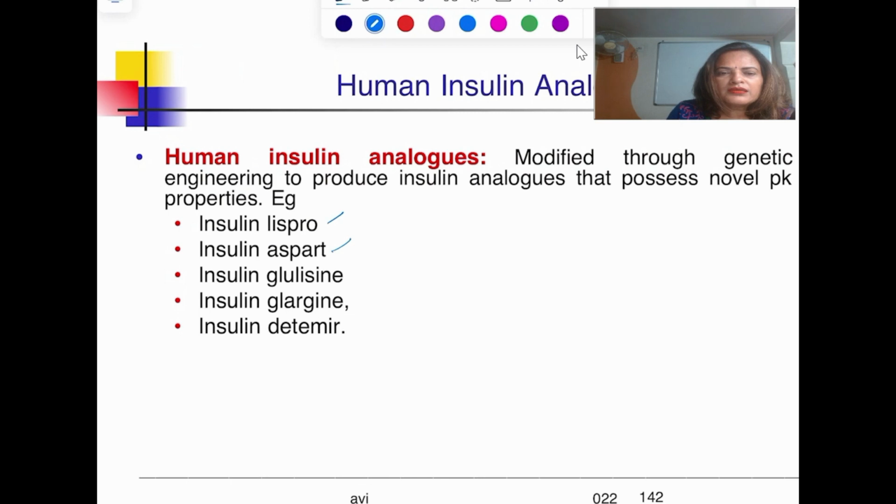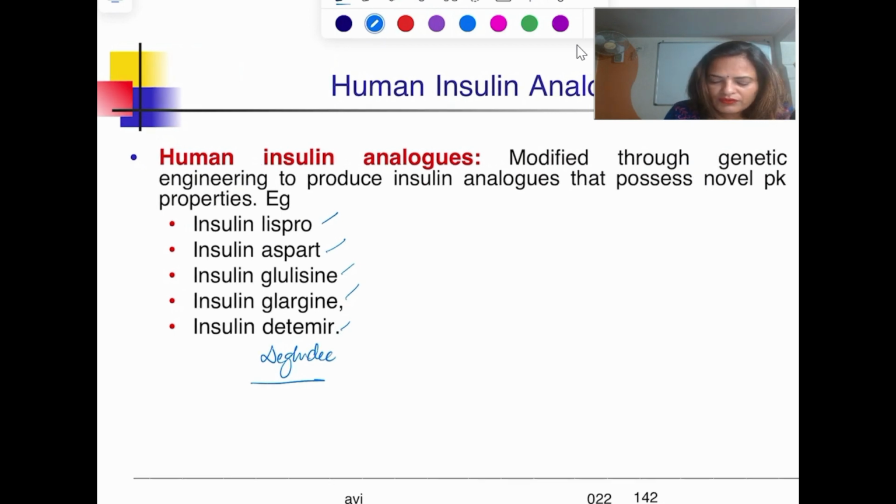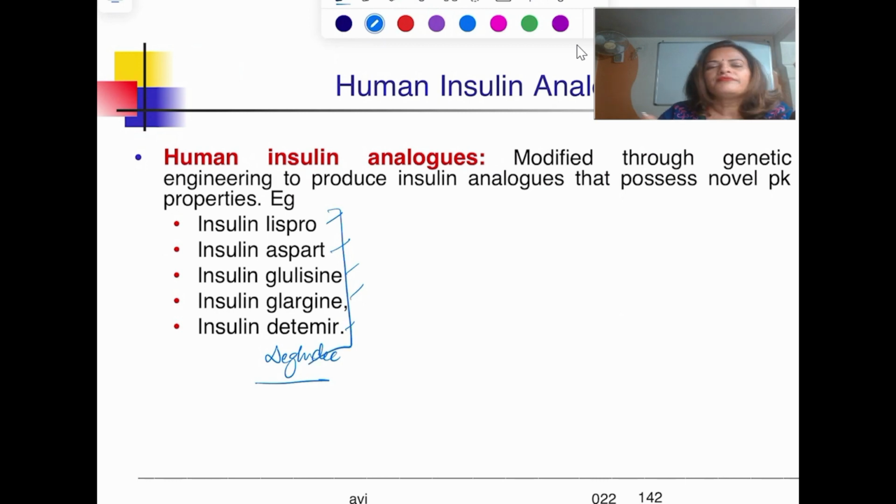Lispro, aspart, glulisine, glargine, detemir and degludec. They possess novel pharmacokinetic properties, with no change in pharmacodynamics and no change in efficacy. We change a certain sequence of amino acids in all of these insulins so as to change their pharmacokinetic property.